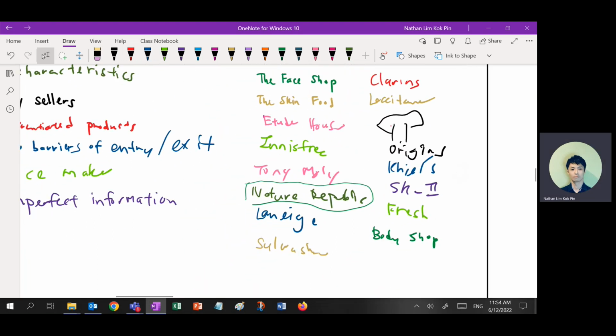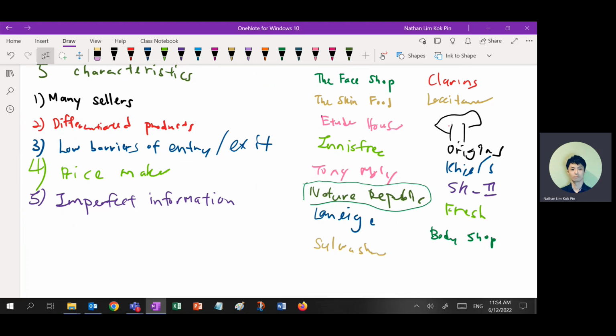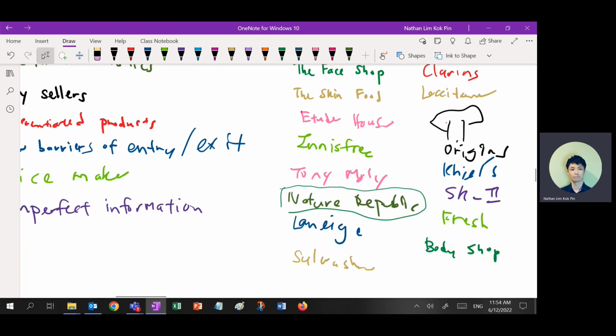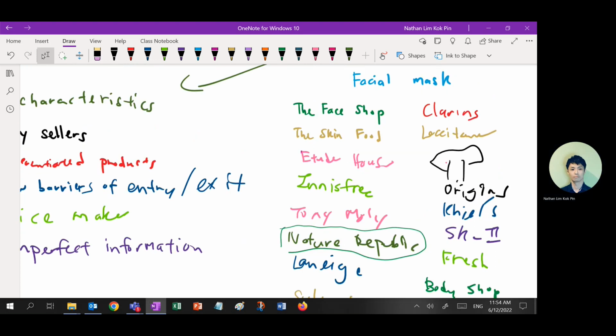So you ask her the price, is this the same? Or everyone go into Shopee now and check all these different brands. Are their facial masks the same? December 12th sale, very soon. Are their prices the same? You check any brands, or just Google the face shop facial mask, the skin food facial mask, Etude House, Innisfree.